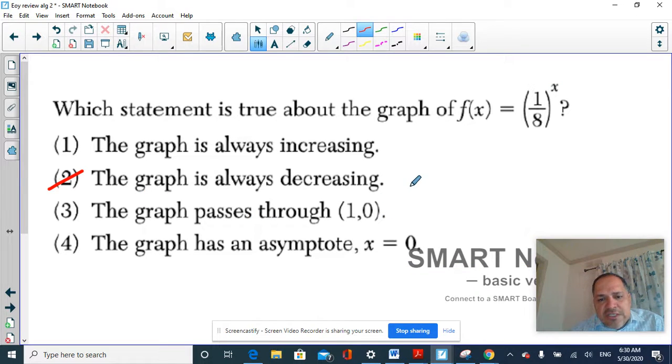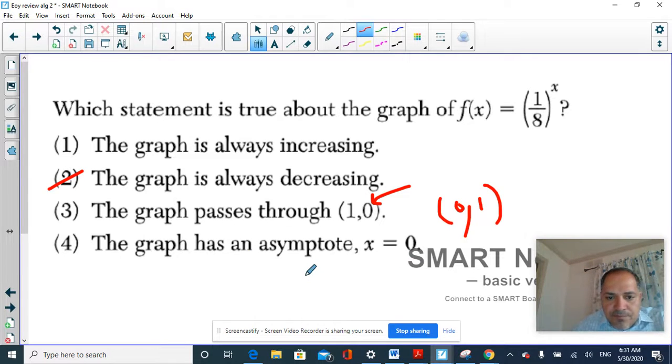No, we just said that the function itself would never equal 0. Maybe it passes through 0 and 1. So here, the function cuts the y-axis just at 1. It never cuts the y-axis at 0. The graph has an asymptote at x equals 0.